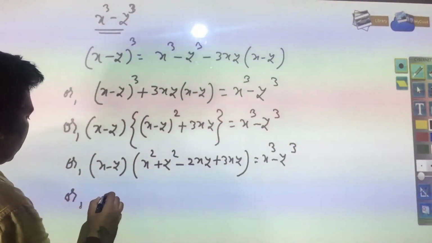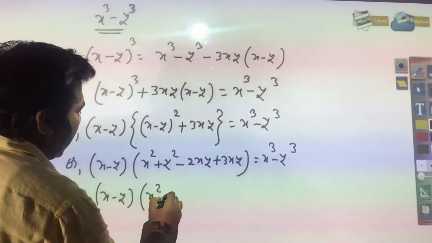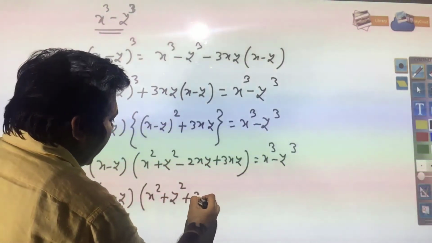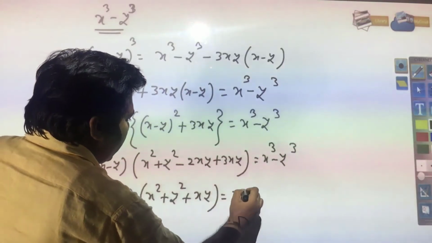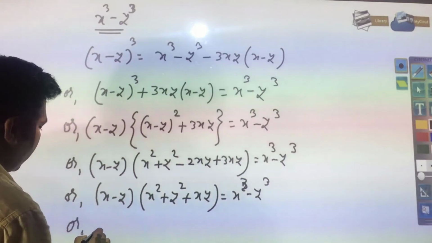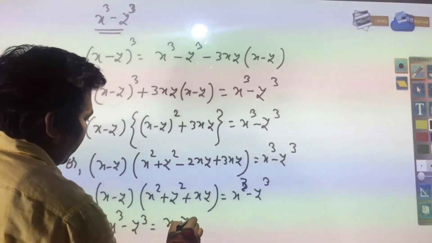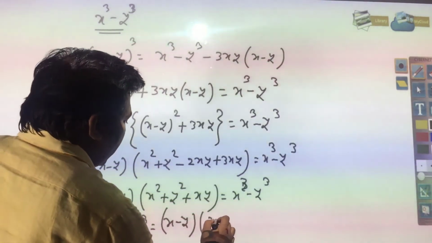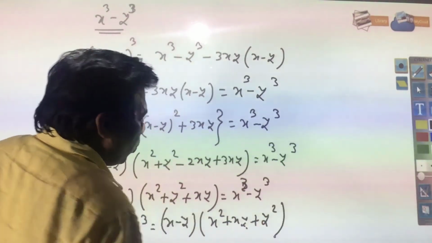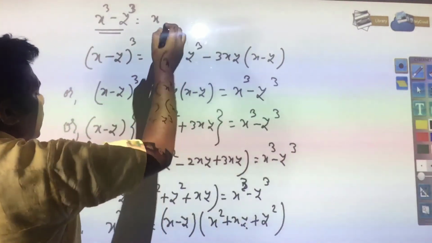Or finally, what we will get: x minus y into x square plus y square plus xy is equal to x cube minus y cube. Or in proper way, x cube minus y cube is equal to x minus y whole into x square plus xy plus y square.